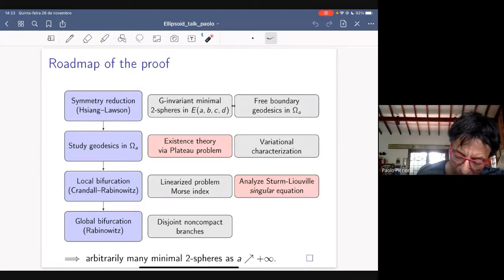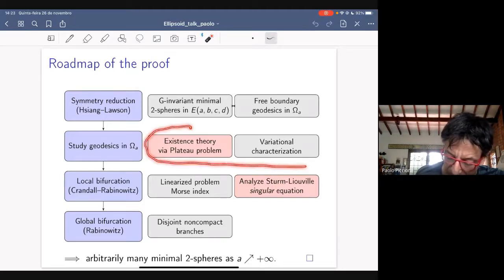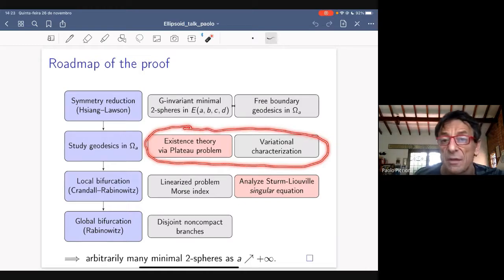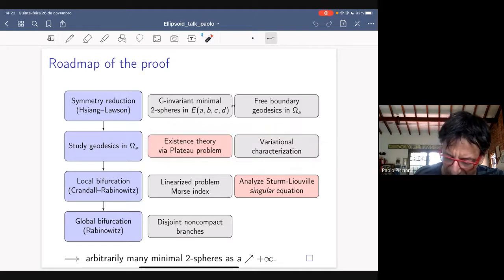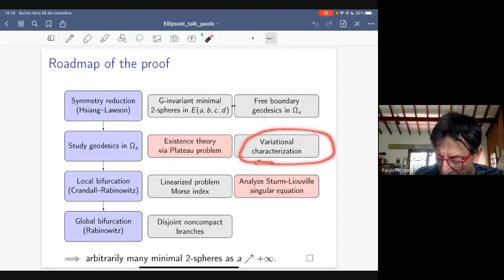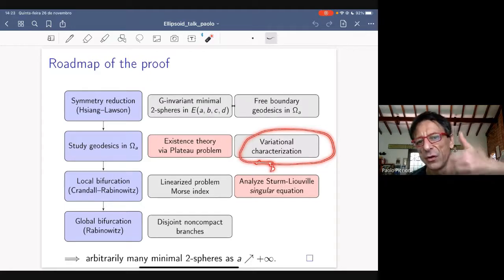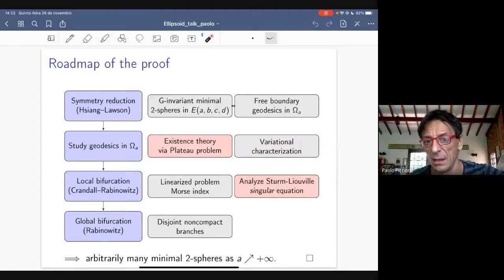So for this, we use some existence theory for the Plateau problem, and I will tell you exactly how this is done. And once the local existence problem is solved, then we use some more standard variational theory to determine which of these geodesics, in fact, induce minimal spheres in the ellipsoids.